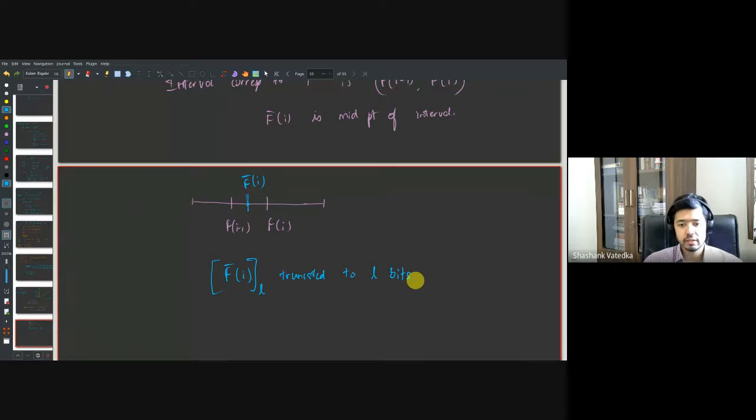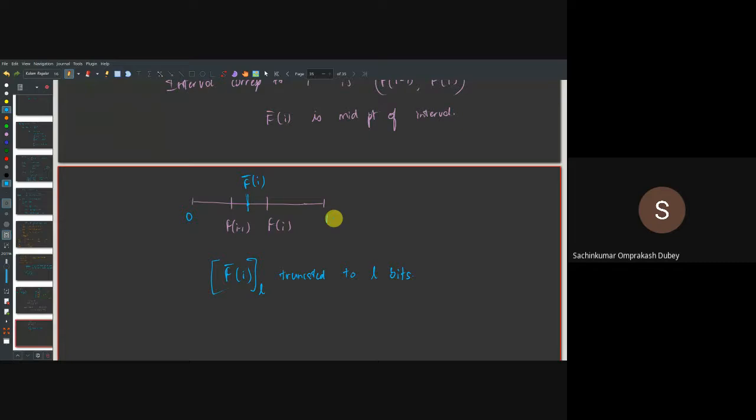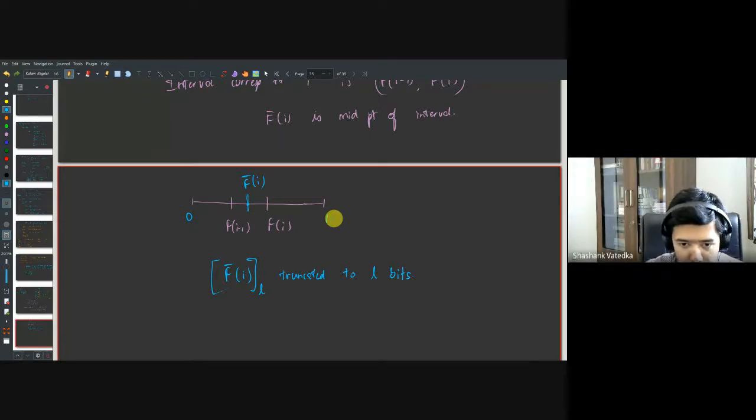Where will this lie? Will it lie to the left of f bar of I or to the right? Left. Exactly. So it's going to lie to the left of f bar of I, anywhere over here.